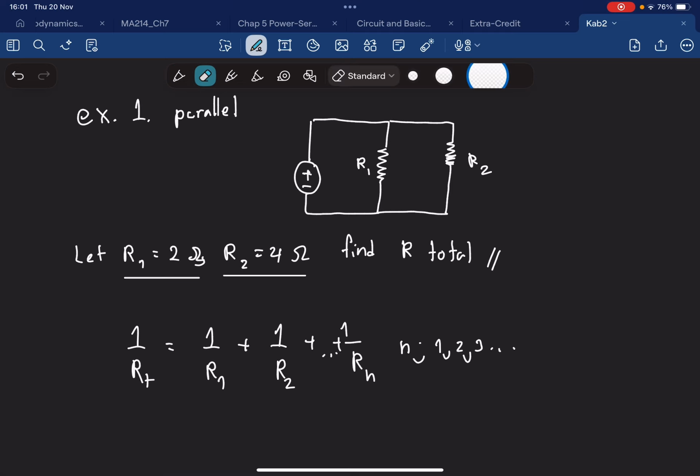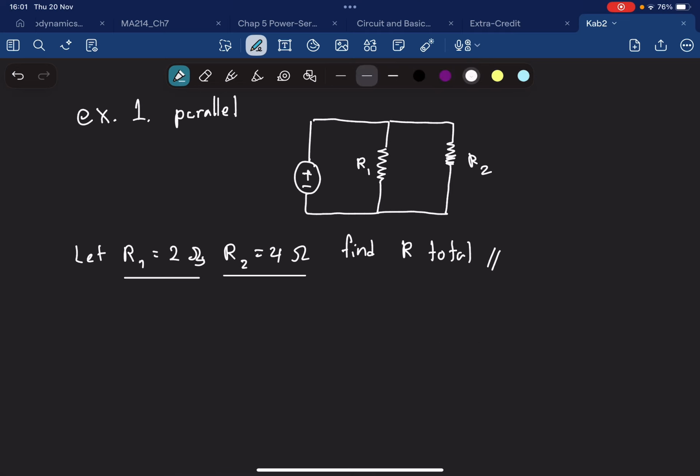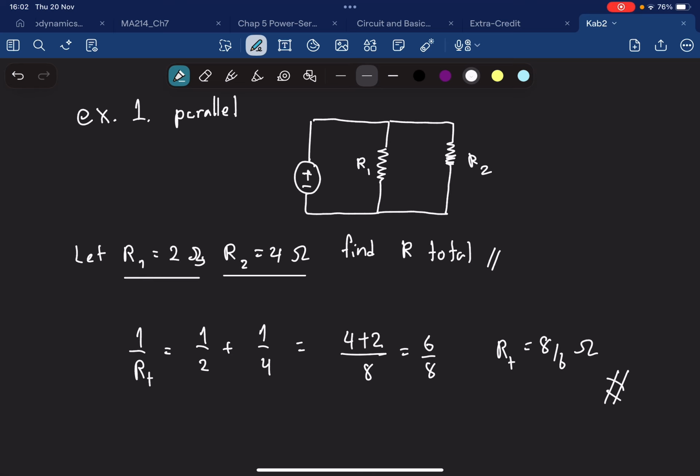So for this question, 1 over R total equals 1 over 2 plus 1 over 4. So it's going to equal what? It's going to equal 4 plus 2 over 8, which is 6 over 8. So R total equals 8 over 6 ohms. And that's it.